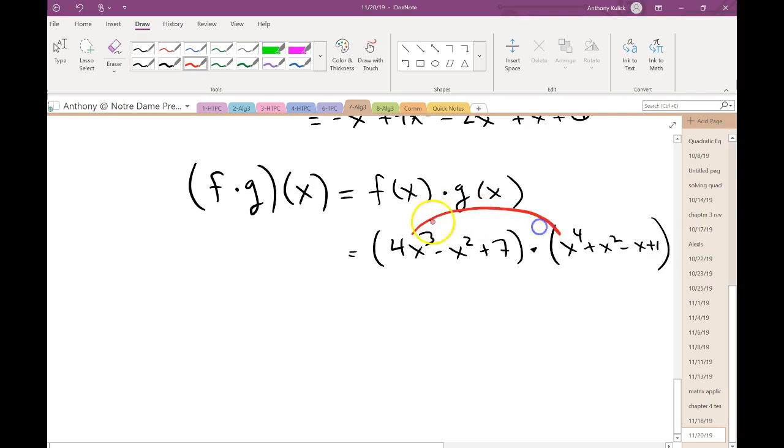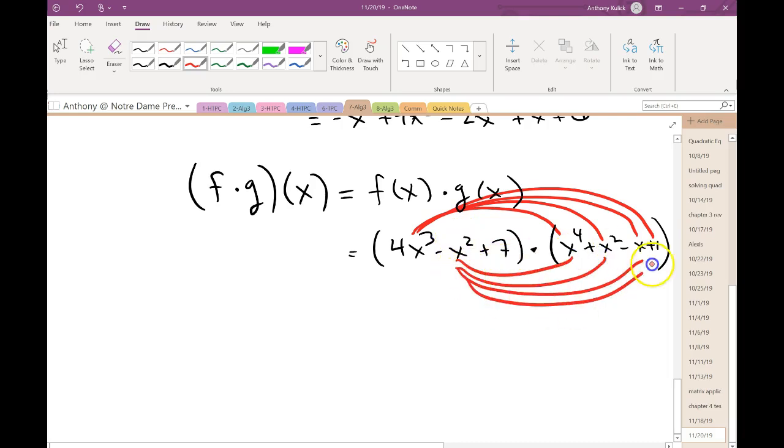So I could do this times this, times this, times this, and then this times this, times this, times this, and then this times this, times this, times this. That's a lot of things to keep track of, right? Keeping track of all those little multiplication problems, when the polynomials get big like this, can get a little bit hard.